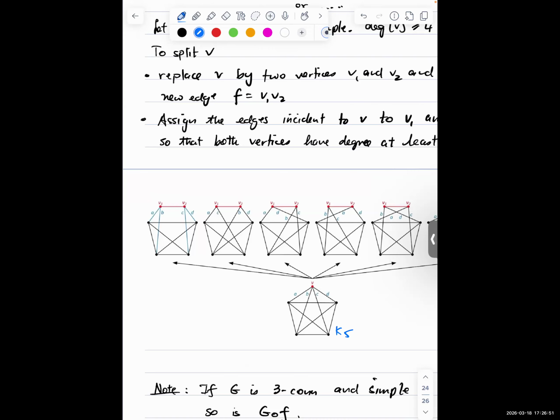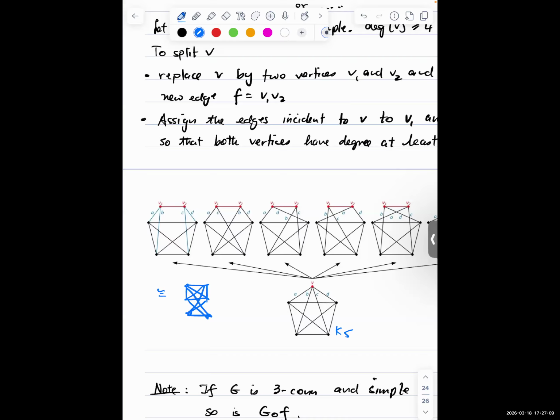In this case, they're all isomorphic to this graph, just a coincidence. Yeah, they're all isomorphic to that one.